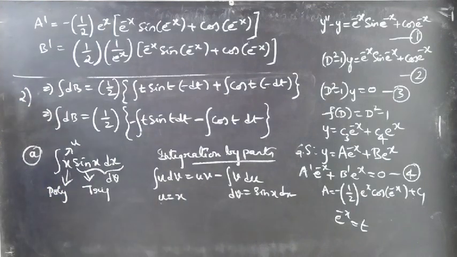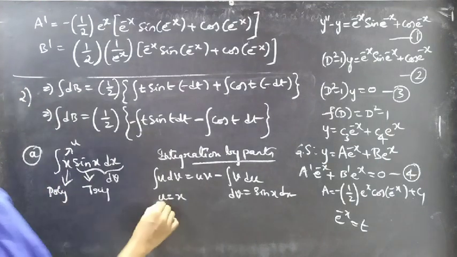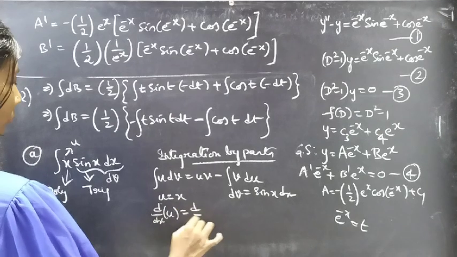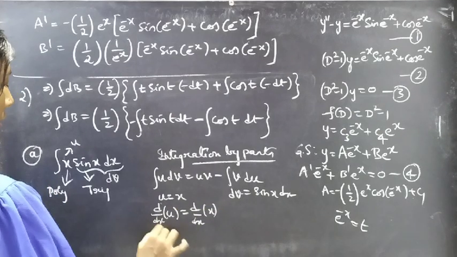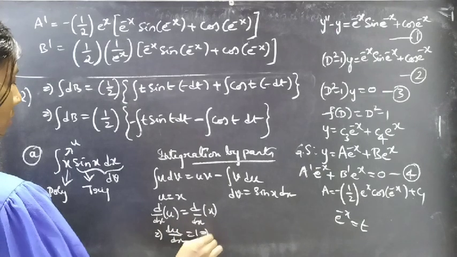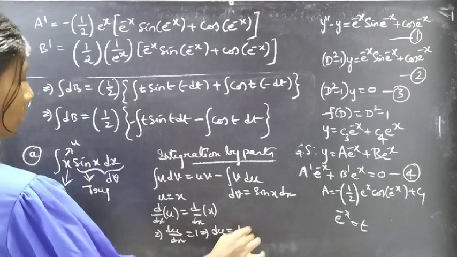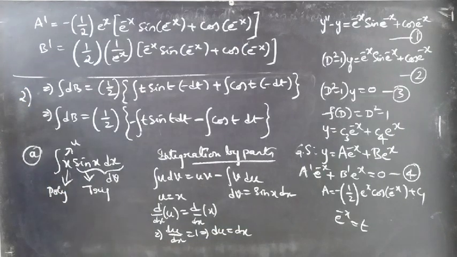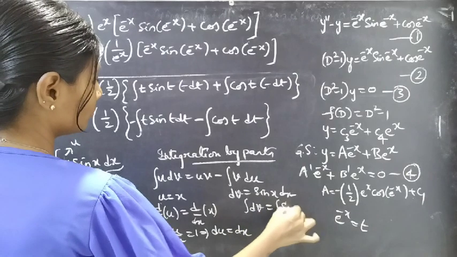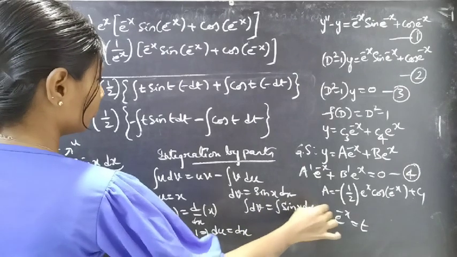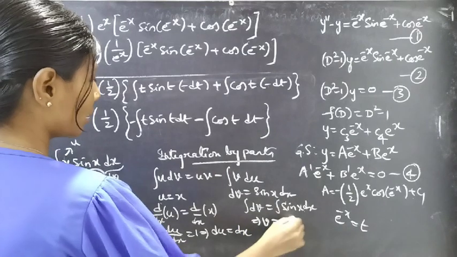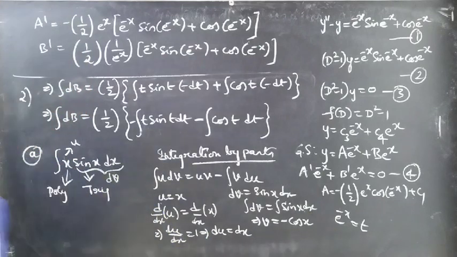Now differentiate on both sides with respect to x. We'll get du by dx equals to derivative of x with respect to x is 1. This gives us du equal to dx, right? And here we'll integrate on both sides to find v, which gives us v equal to integral sin x dx is minus cos x, right?